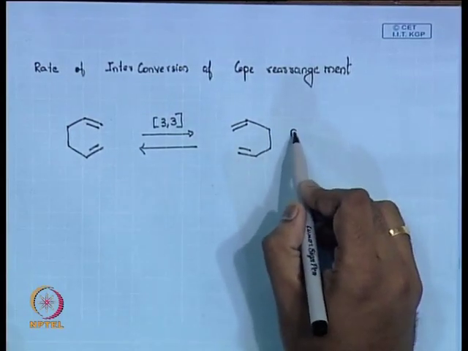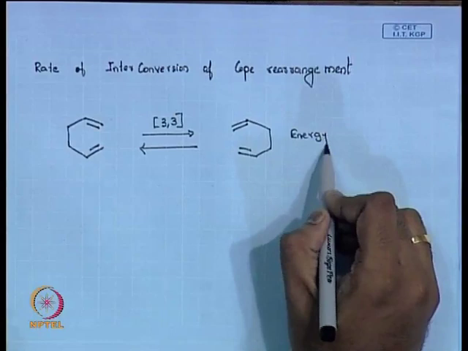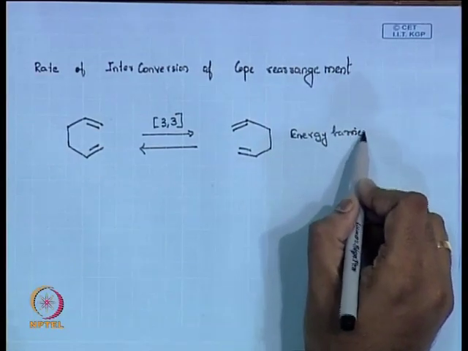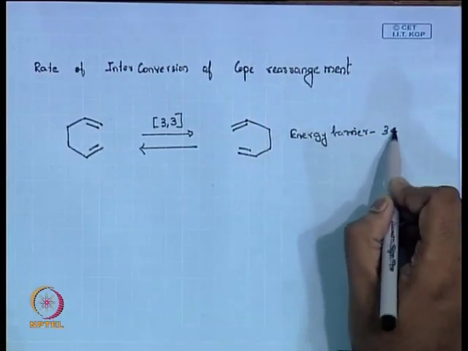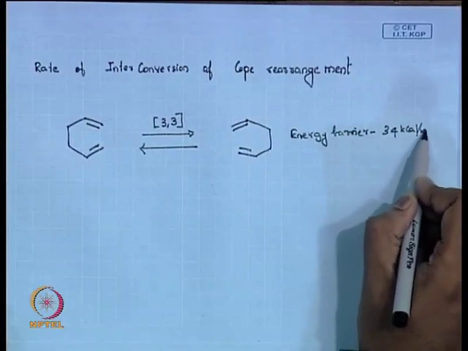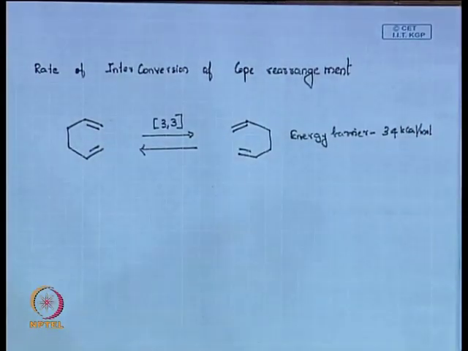See, the energy barrier for this reaction is 34 kilocalories per mole. So, it takes time to interconvert, and this can be pretty well isolated.